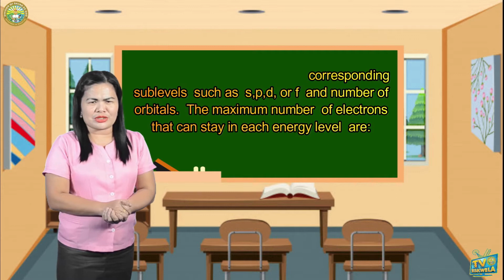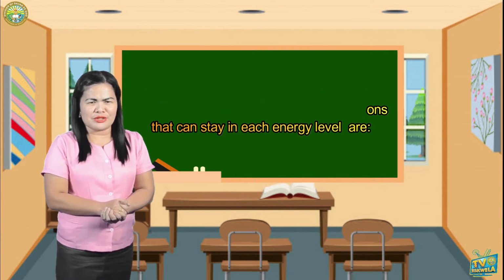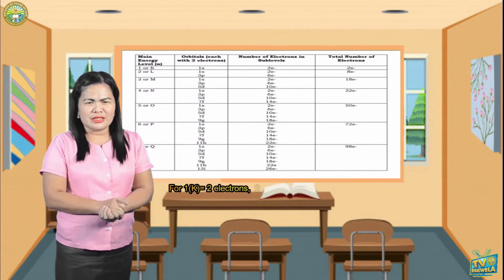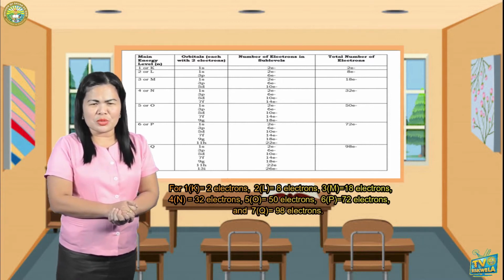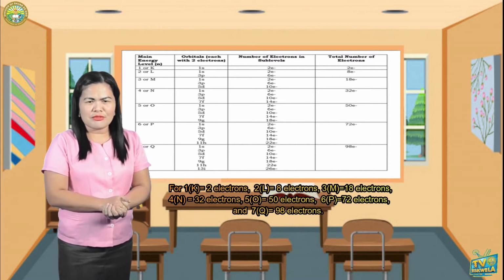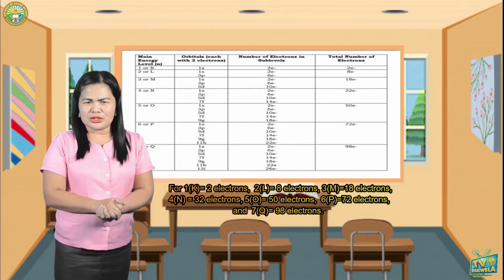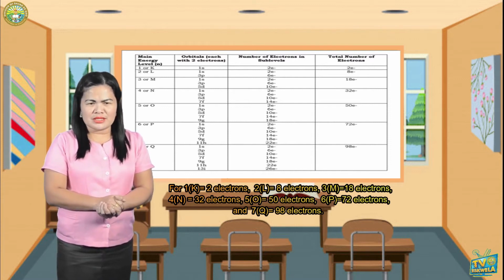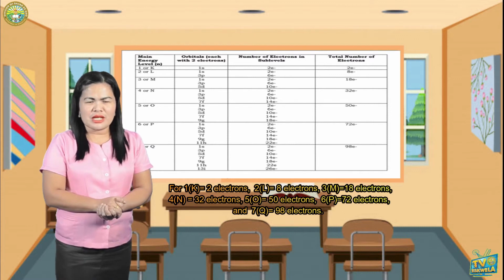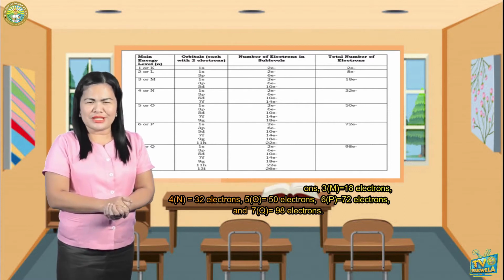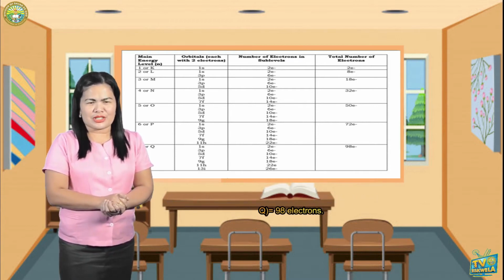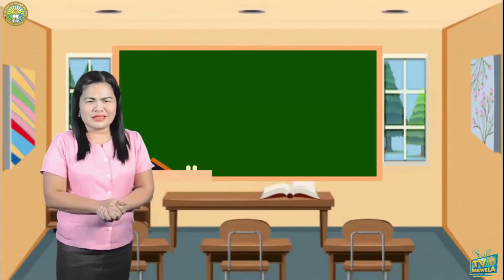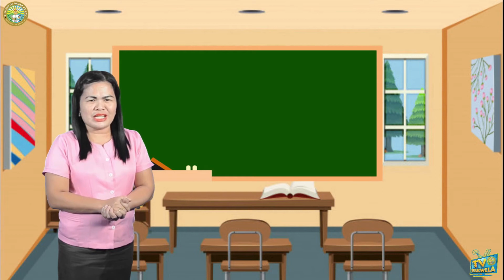The maximum number of electrons that can stay in each energy level are, for 1 or K is equal to 2 electrons, 2 or L is equal to 8 electrons, 3 or M is equal to 18 electrons, 4 or N is equal to 32 electrons, 5 or O is equal to 50 electrons, 6 or P is equal to 72 electrons, and 7 or Q is equal to 98 electrons. That is all about electrons and energy levels.